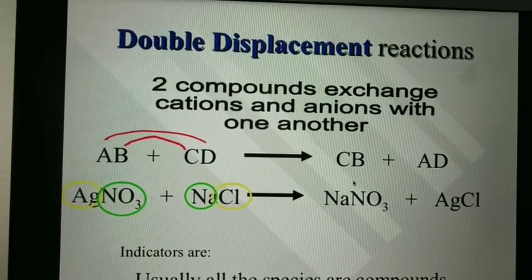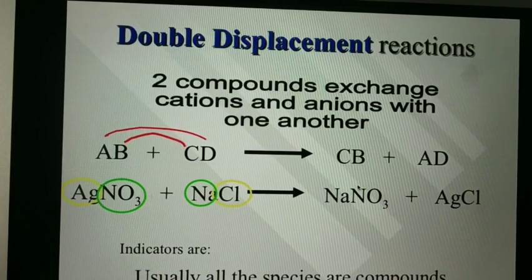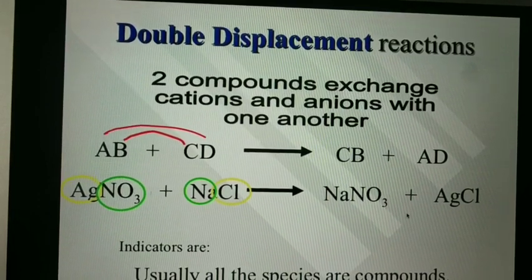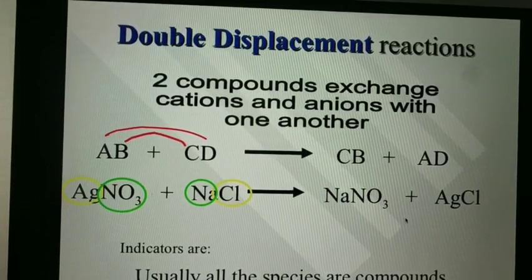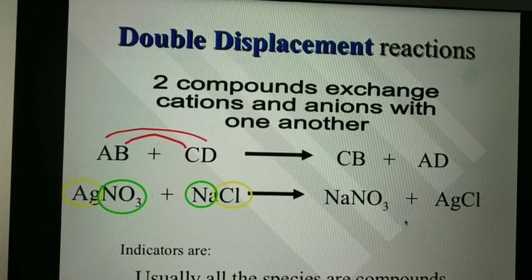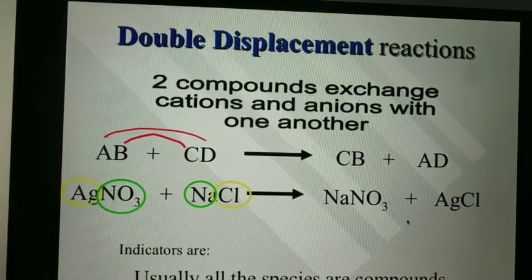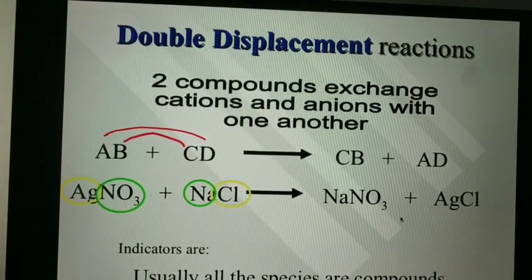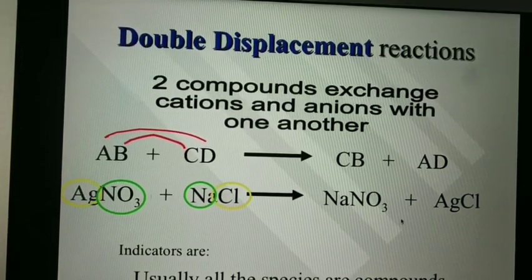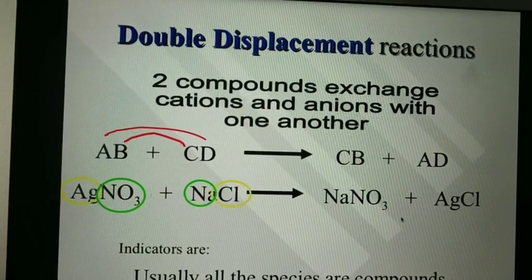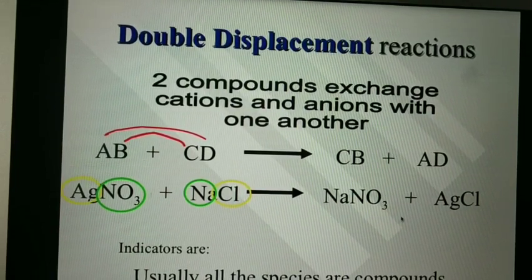Now you tell me which is more reactive, zinc or copper. You know that zinc is more reactive than copper. So zinc metal can easily displace copper from copper sulfate solution, and what happened there is the blue color disappears. You see the blue color of the solution fades away and a reddish brown precipitate is formed. That means what?